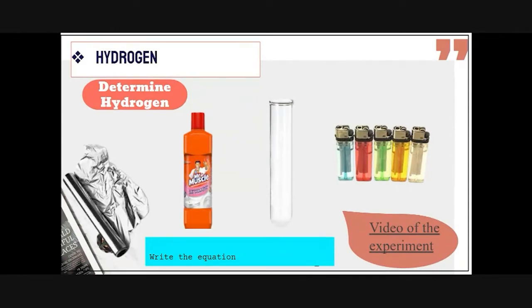But the second experiment is about acid plus metal. Then we get hydrogen. So this is actually easy to get, and I think maybe you can apply this in your classroom as well. It's quite easy.